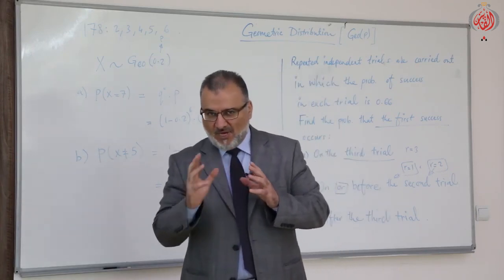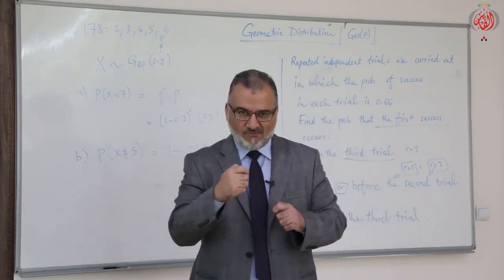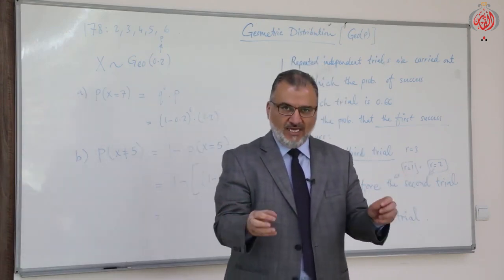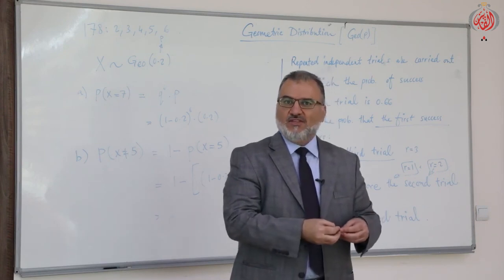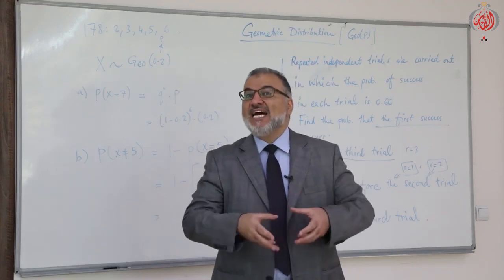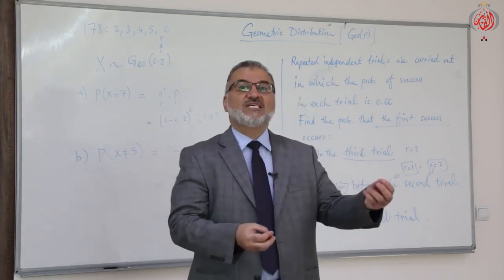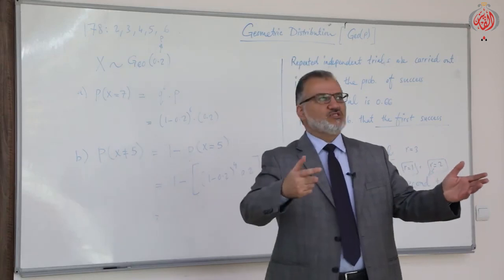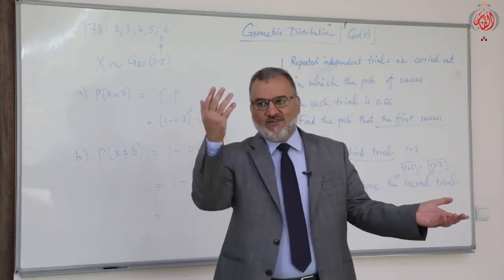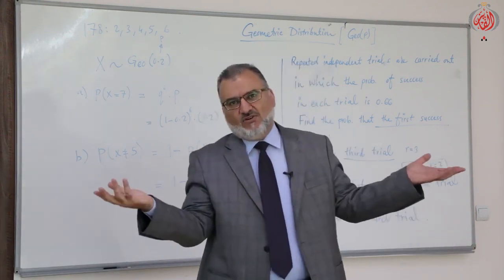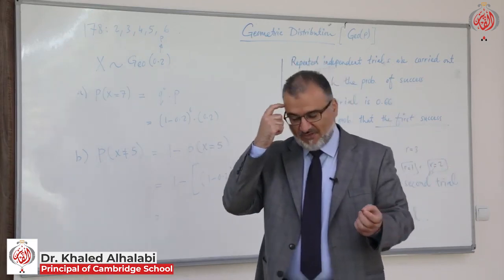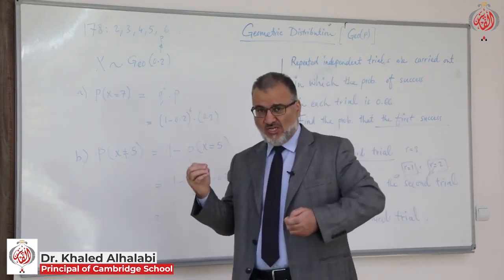In the binomial distribution, the number of repeated trials is fixed from the beginning, while in the geometric distribution, the number of trials is as many as necessary until the first success appears. Maybe I will do the trials 300 times, maybe 375 times, maybe 700 or 1,000 times until the first success appears. This is the major difference.